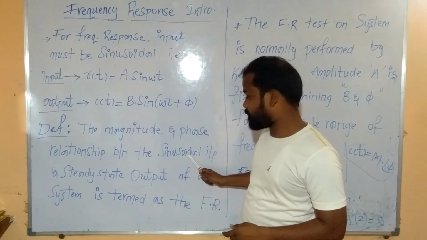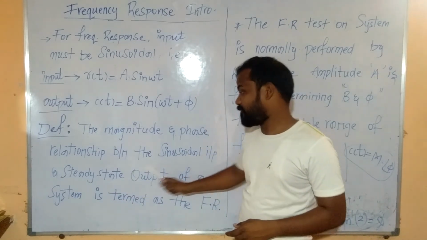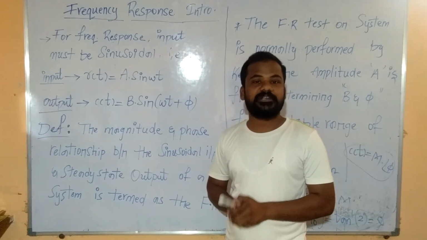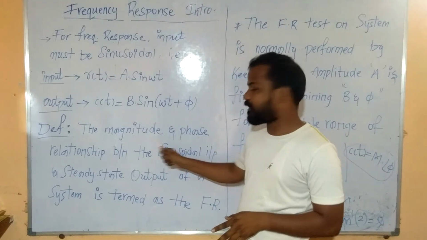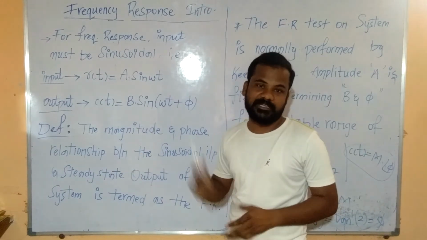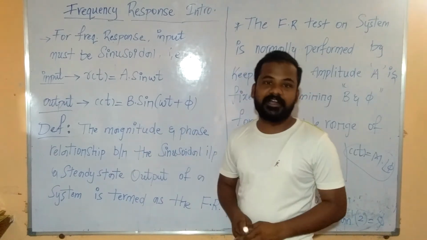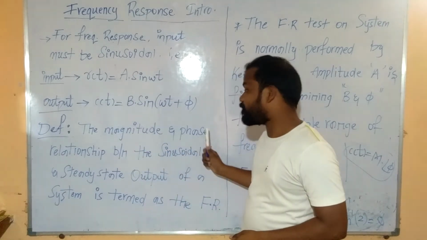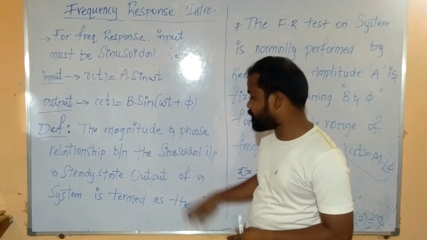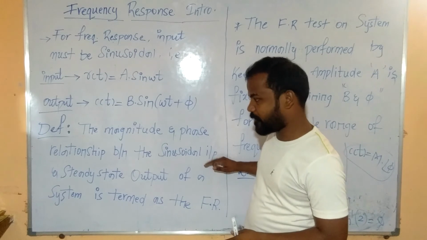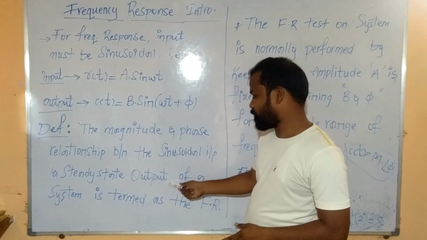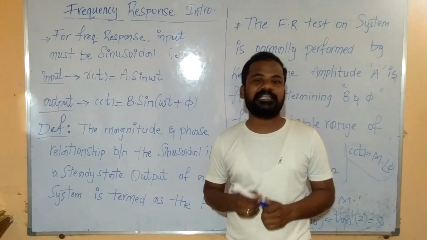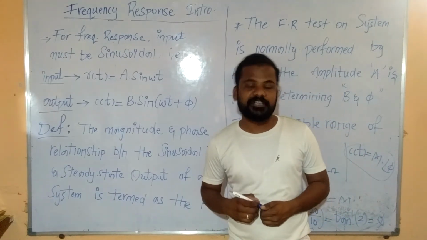Between this sinusoidal input and the steady state output, we concentrate only on the magnitude and the phase angle. So the magnitude and the phase relationship between the sinusoidal input and the steady state output of a system is called the frequency response. This is the definition of frequency response.